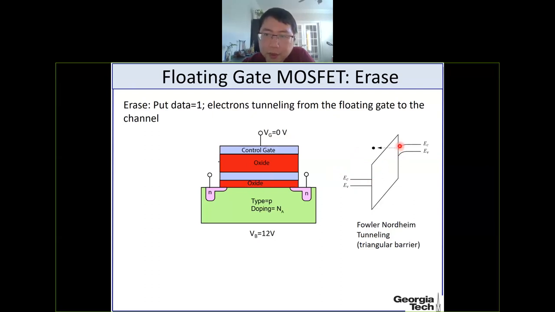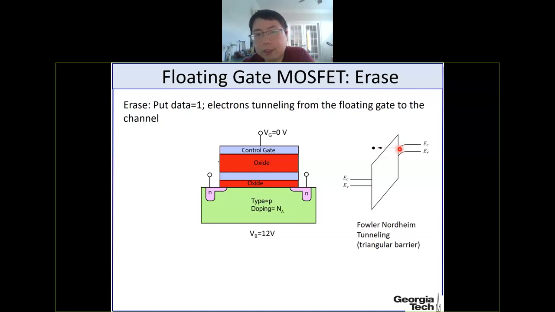So an electron here on the conduction band will have a probability to go through this triangular barrier, and this process is called FN tunneling. This is FN tunneling, not hand tunneling. This is a pure quantum mechanics phenomenon, and we are not going to discuss it in detail.